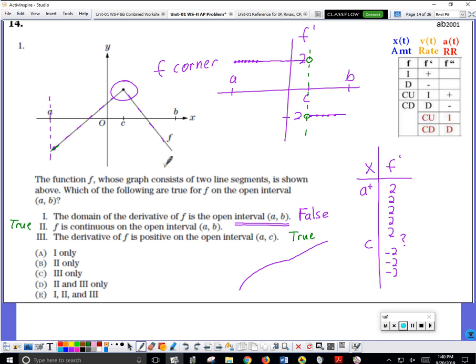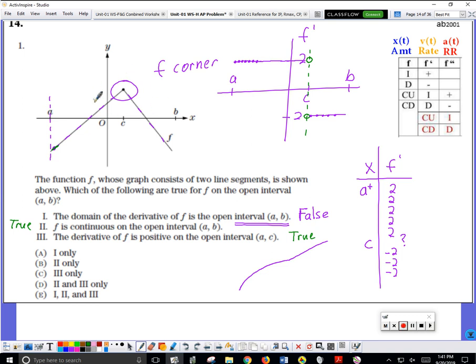So when I plot those y-coordinates as a graph of f prime, I end up with a whole bunch of dots at y = 2. I have no dot, like Connor said, at x = c, and then I have a bunch of dots at y = -2. This is where f is not differentiable.